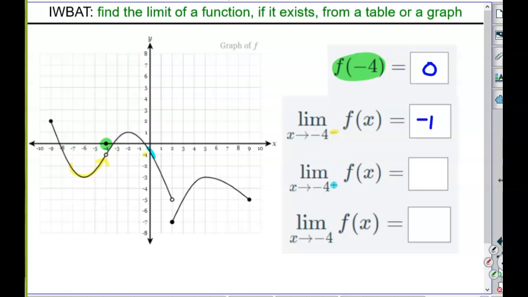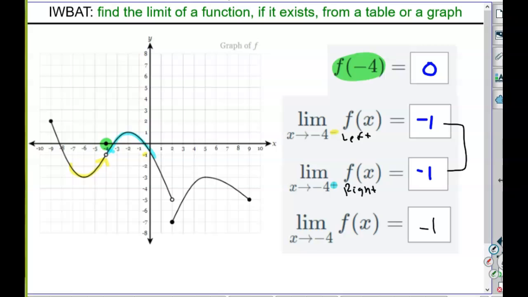Now I'm coming in from the right-hand side, and I'm getting closer and closer to negative 1. Now, without even looking at the graph, if my left-handed limit is equal to the right-handed limit, does the two-handed limit exist? So I don't even need the graph, and I know the answer is negative 1.